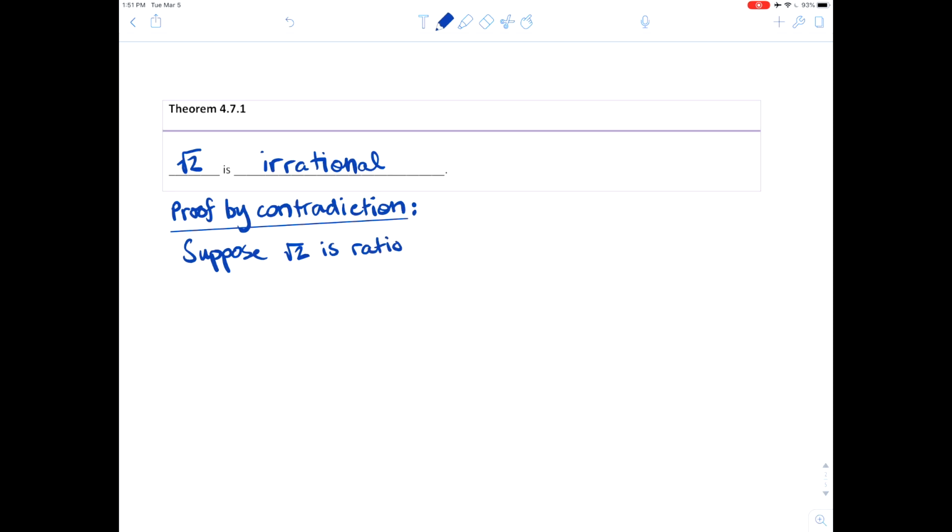Well, and this is something that you need to just know by heart. What does it mean for some number to be rational? There needs to exist some A and B that belong to the integers. We're going to add something special in: with no common factors.